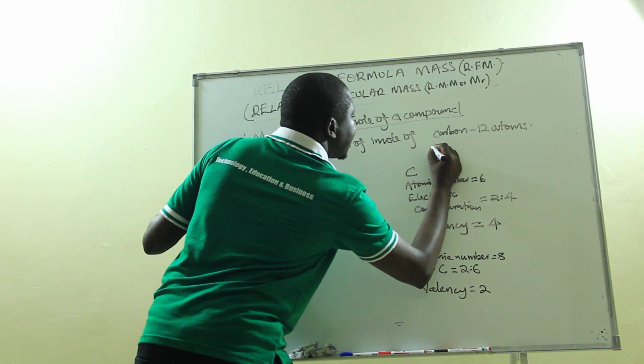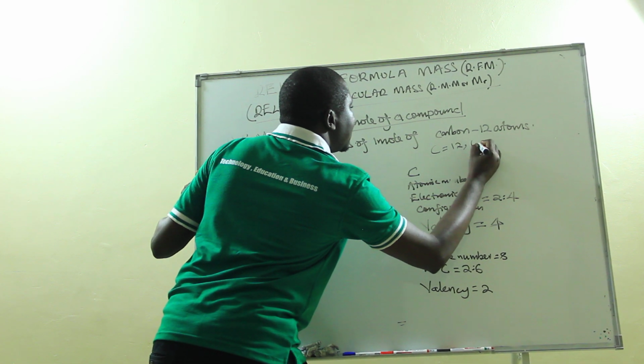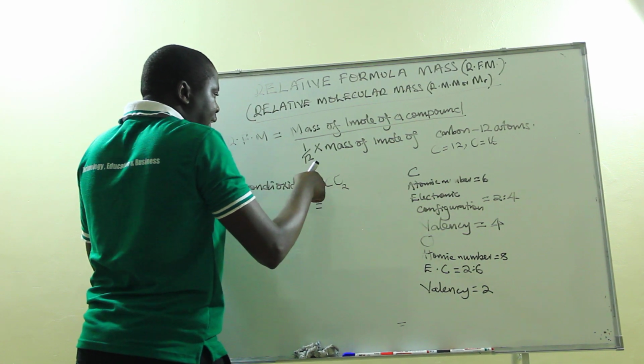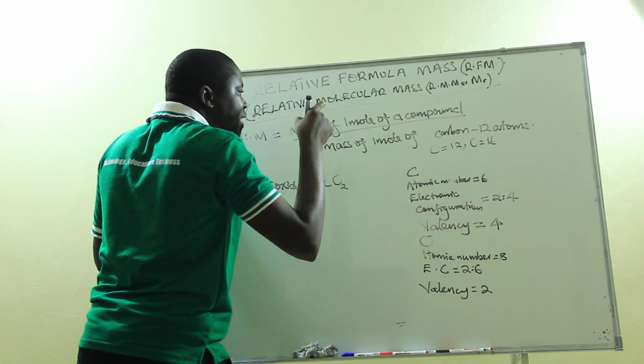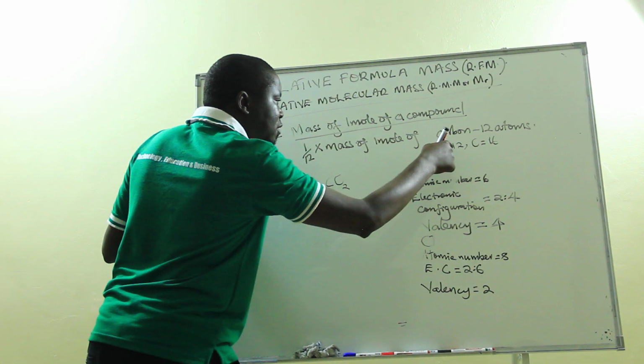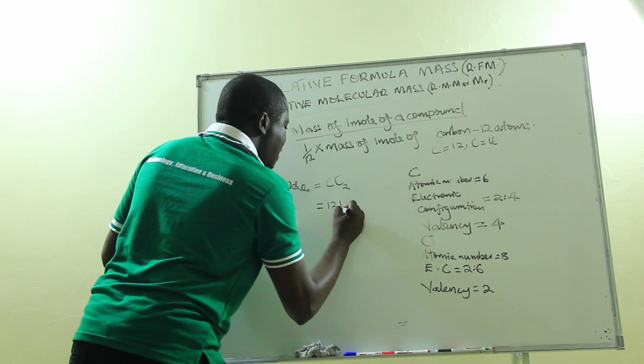Remember we had said that carbon has got a relative atomic mass of 12 and oxygen has got a relative atomic mass of 16. So there is 1 carbon atom, and one atom of carbon has got a relative atomic mass of 12. So it will be 12, of course, times 1, but that is 12.